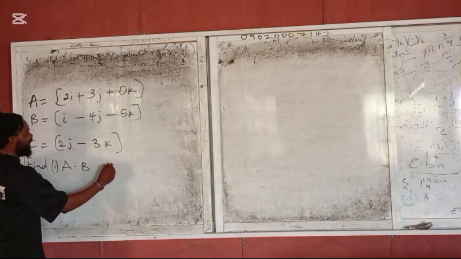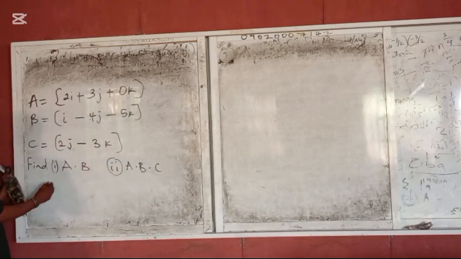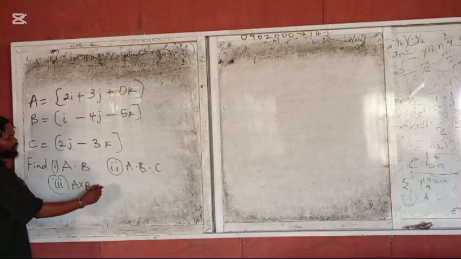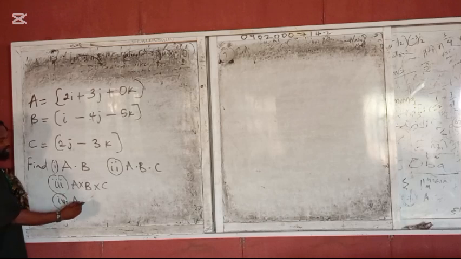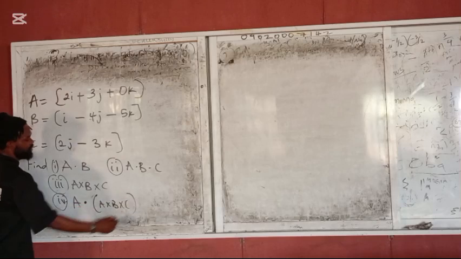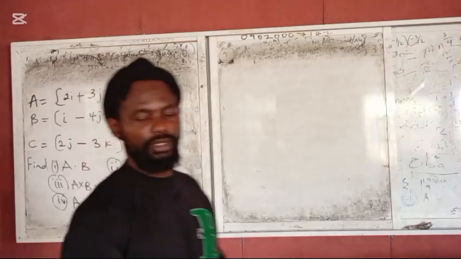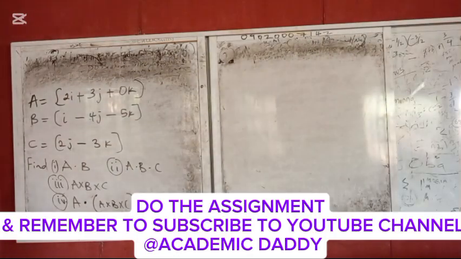So first, A dot B dot C. Then A cross B cross C. Then IV, the A dot A cross B cross C. So let's try to solve it.